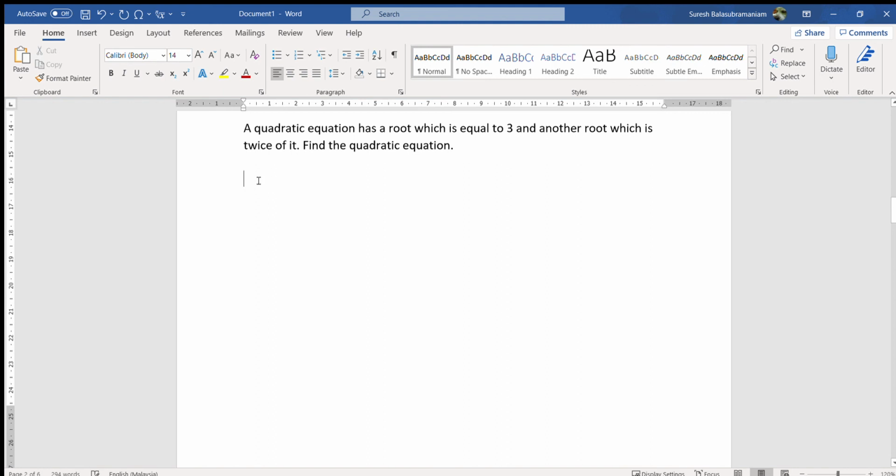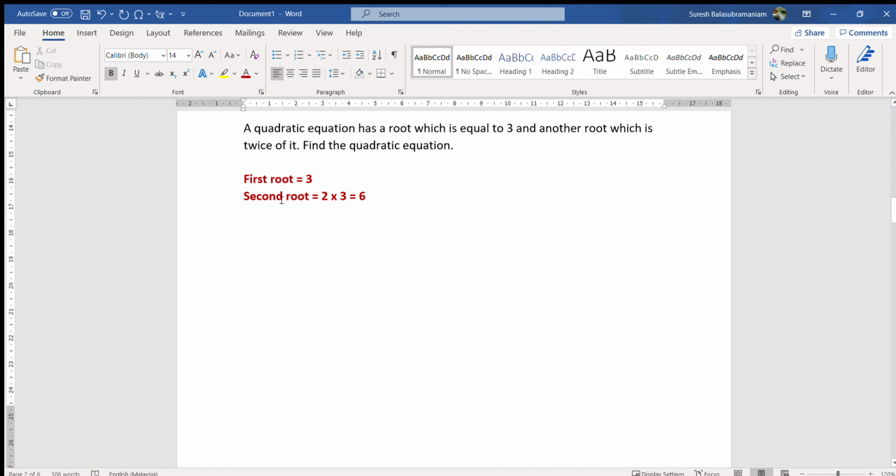Okay, so first root is 3 and then the second root is twice of it. Twice of it means twice the first root, that means 2 times 3, so we get 6.